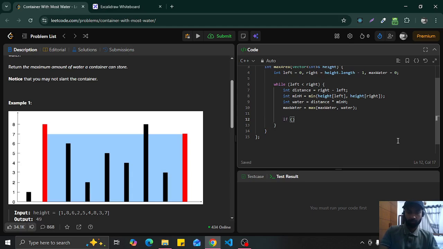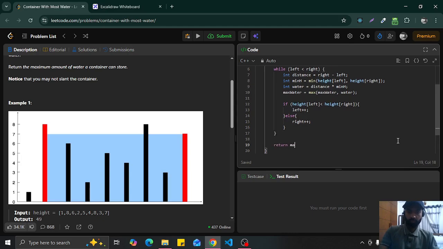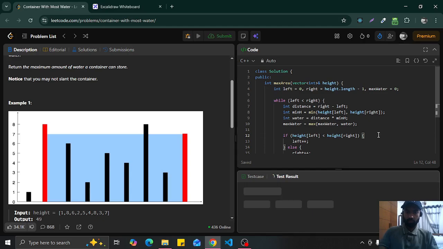If height of left is less than height of right, we will update the left pointer. Otherwise, we will update the right pointer. Now if we return the max water amount, this is going to give us the correct answer.